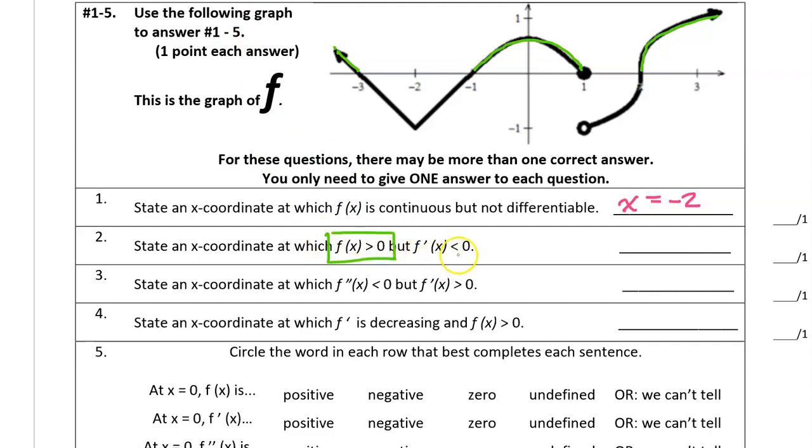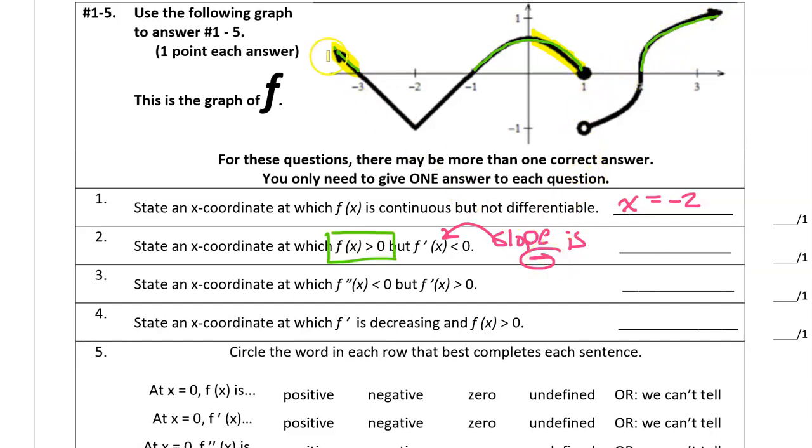Now f prime is negative. So this means that the slope is negative. Alright, so look at the green parts that we just highlighted and look for where the slope is negative. I think I'll just highlight that in yellow. This slope is negative. And I can see in this area the slope is going to be negative, and that's about it.